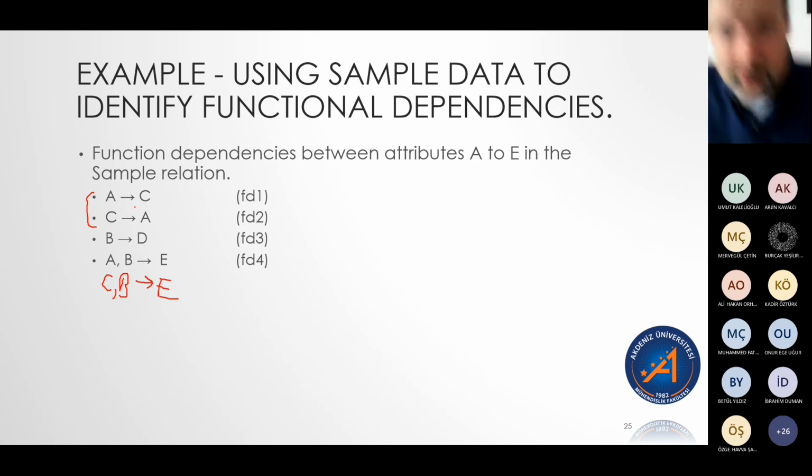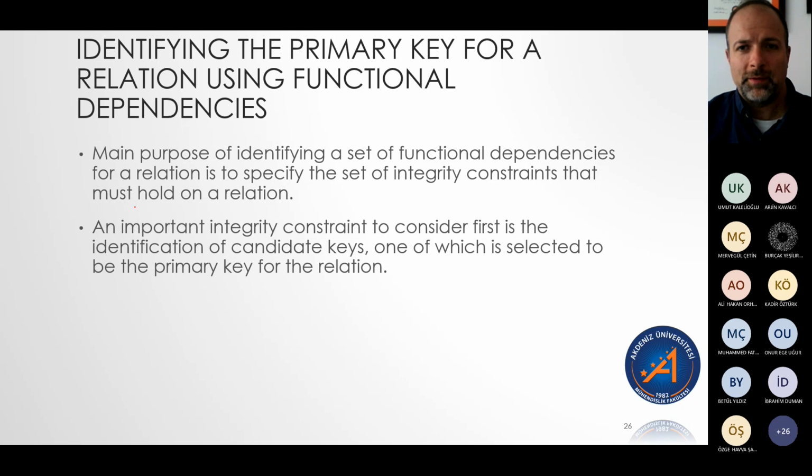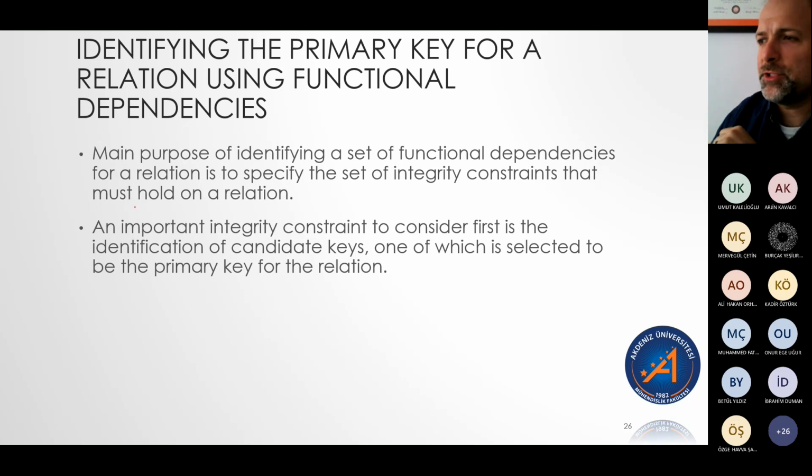Right. So the first thing that we're going to do is we're going to identify a primary key. Okay. So the first thing that we need to do with our relation is figure out what column or set of columns determines all other columns in the relation.